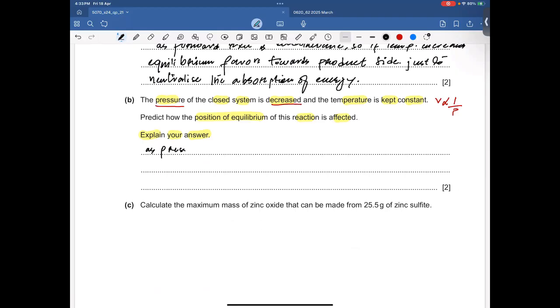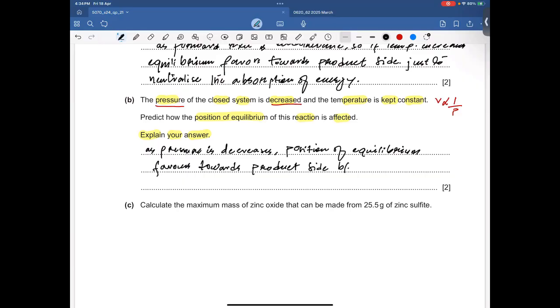As pressure is decreased, position of equilibrium favors towards the product side because of more number of moles.